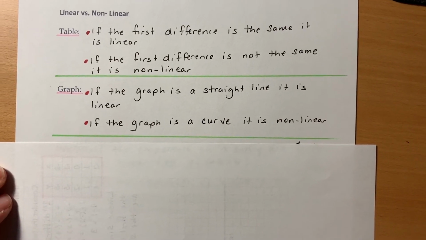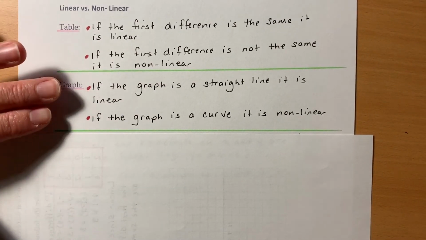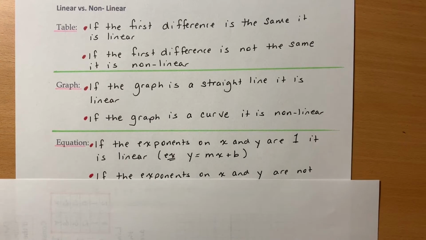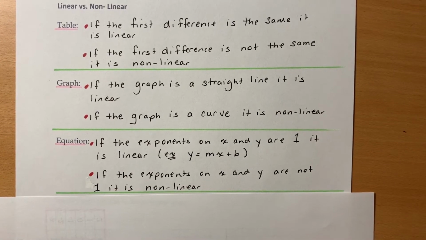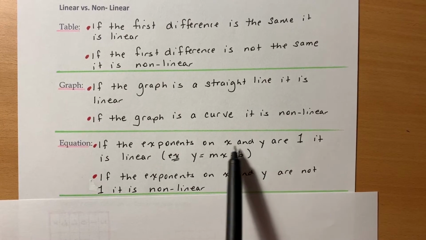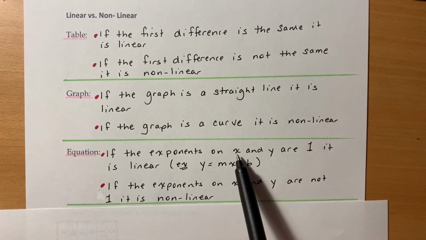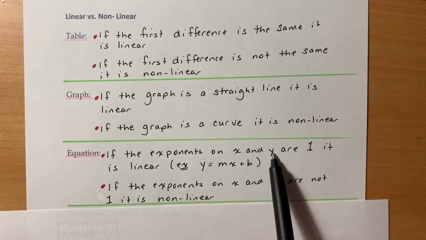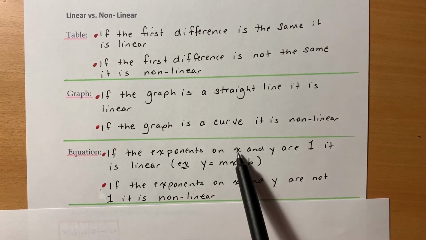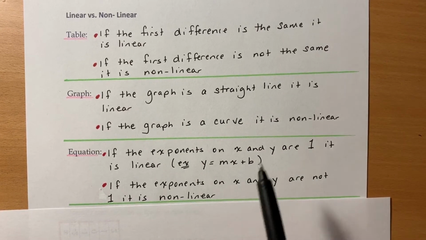The last thing you're going to have to be able to determine just by looking at it: you've seen a table, a graph, and now an equation. With an equation, you have to look at your x and y, and you look at the exponents. Remember, this is your independent variable and this is your dependent variable. If both have exponents that are 1, it is linear.